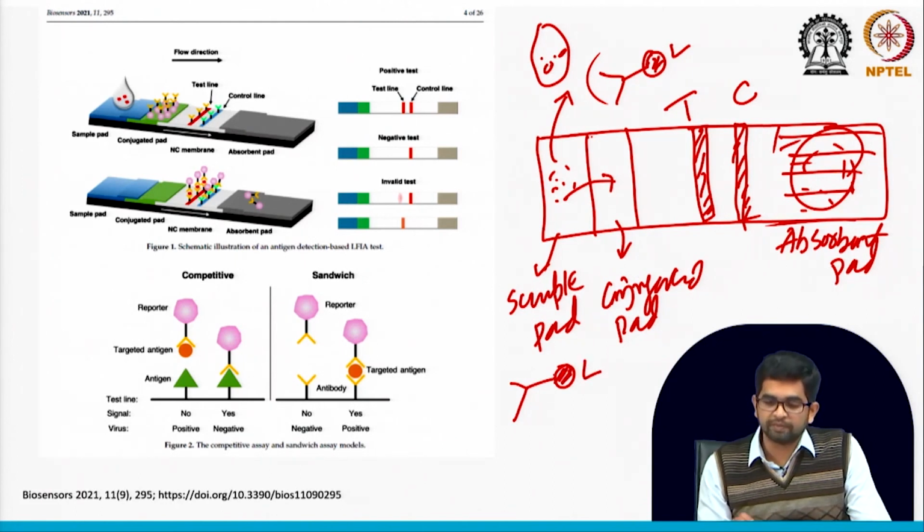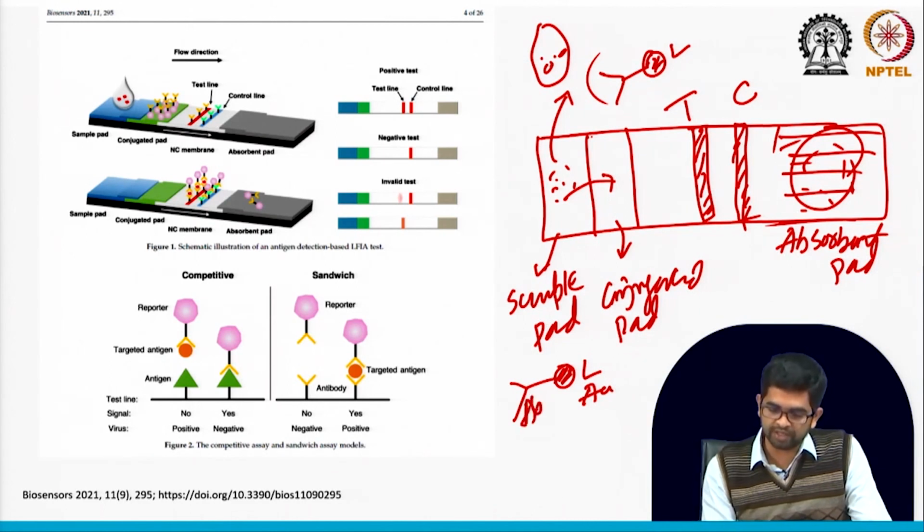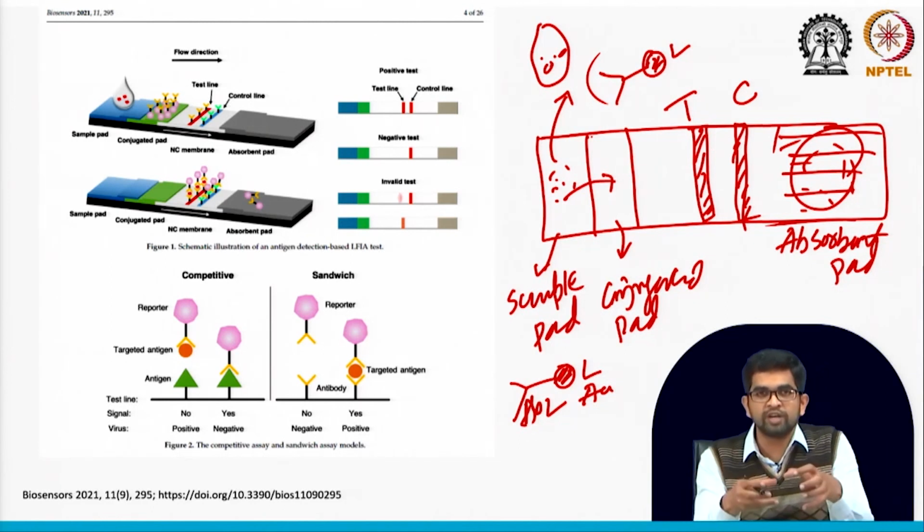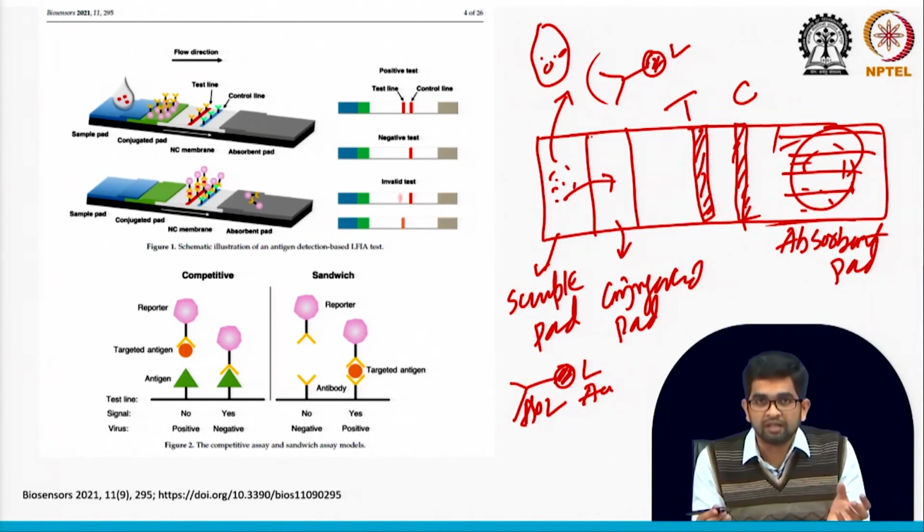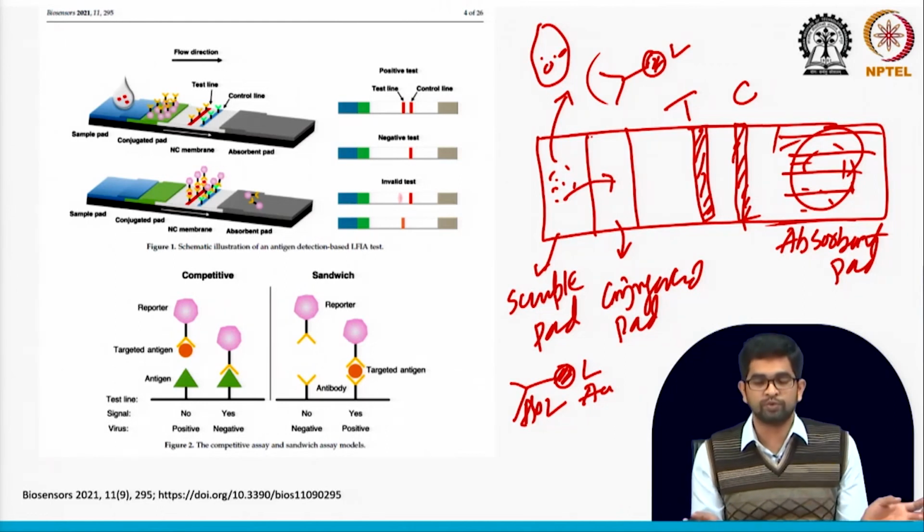We can use any label, but mainly for the colorimetric sensor we use gold conjugated antibody, because when the gold conjugated secondary antibody comes to the test region or control region, it will accumulate and show a reddish color that we can see. Based on this color, you can predict whether the target is present or not. This is a very simple and very useful method.